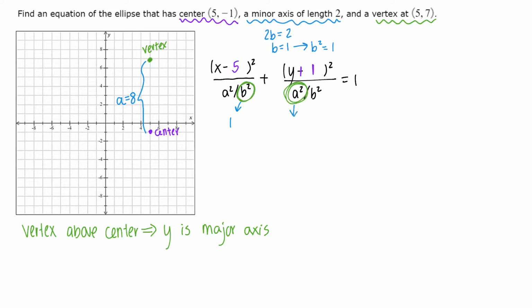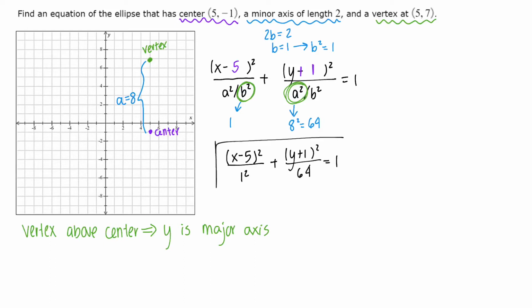So a squared, that's 8 squared, which is 64. So our final equation is x minus 5 squared over 1 squared plus y plus 1 quantity squared over 64 equals 1. Now, I guess I really don't need to have that square there.